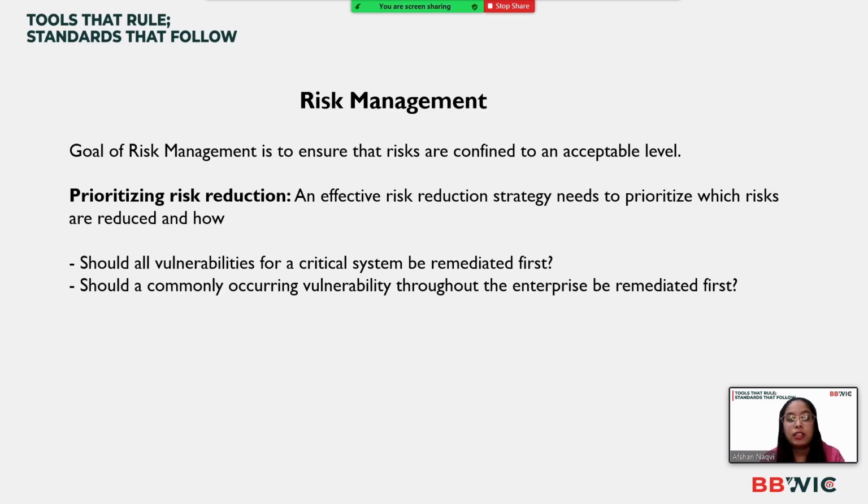You should ask questions like, should all the vulnerabilities for a critical system be remediated first, or should a commonly occurring vulnerability throughout the enterprise be remediated first? This could be done by the prioritizing risk reduction strategy.